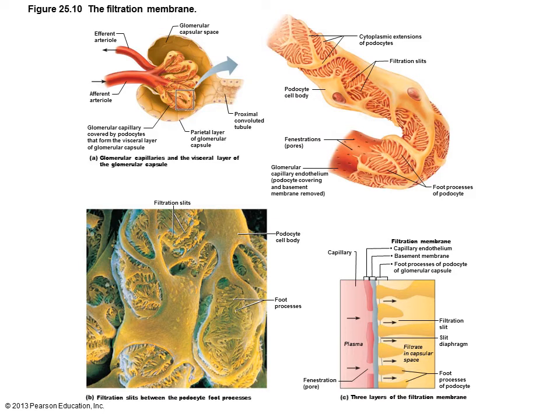The filtration membrane is made of the fenestrated endothelium of glomerular capillaries, then a basement membrane, and then the feet of the podocytes locking together to create the filtration slits. So what can be pushed out are water, glucose, amino acids, urea, but bigger proteins like albumin cannot move out of the space, so they are retained in the blood. If you find albumin in the urine, then something is wrong with the filtration or the pressure.